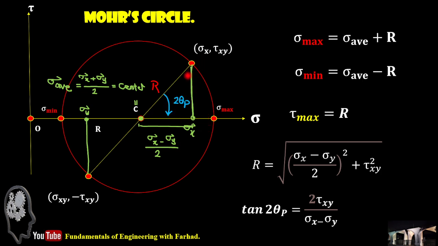This is our rise, tau xy, over sigma x minus sigma y over 2. That 2 jumps to the numerator and it gives us tangent of 2 theta p equals 2 tau xy over sigma x minus sigma y. And that's how simply you can calculate your stress with the Mohr circle. Thank you. We'll solve some sample problems.